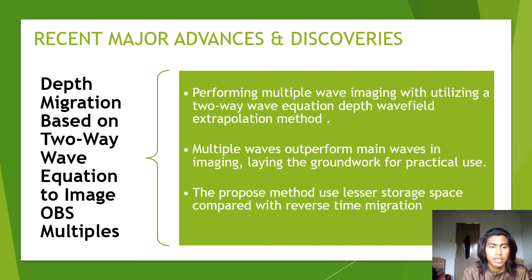To perform multiple wave imaging, they propose to utilize a two-way wave equation depth migration method, which is rarely used, and the multiple waves outperform the primary waves in imaging, laying the groundwork for practical use. The proposed method also uses less storage space compared with reverse time migration.